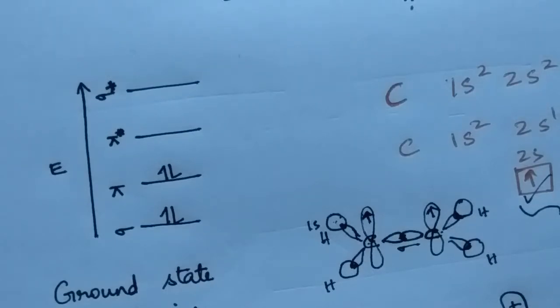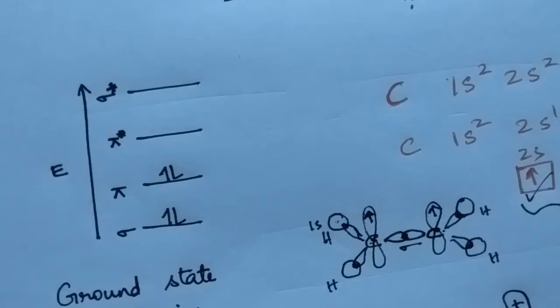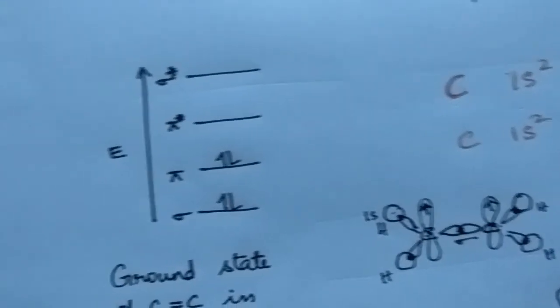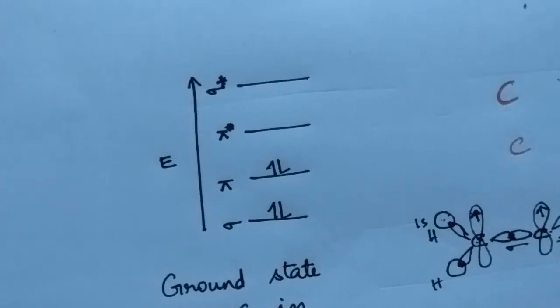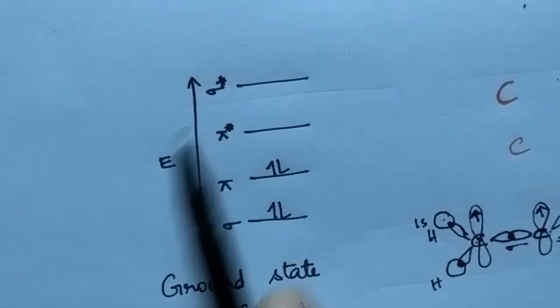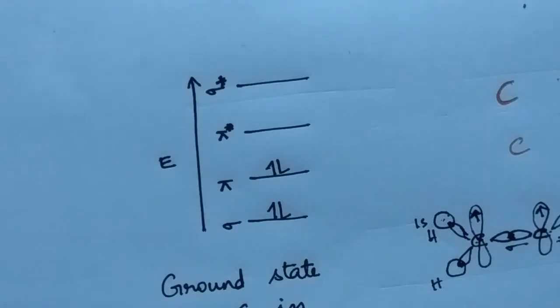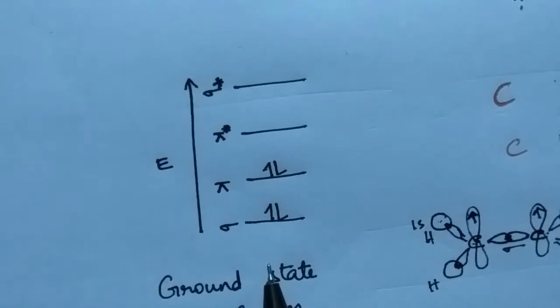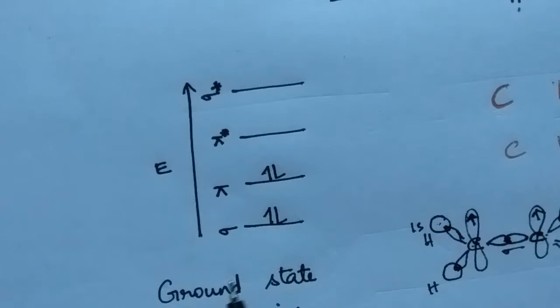So we can say that this p orbital will be having electrons on it. When we have 2 orbitals, we can say this will be the ground state condition. That is, this is sigma, then pi star, and sigma star. Ethylene will be having 4 electrons in total.